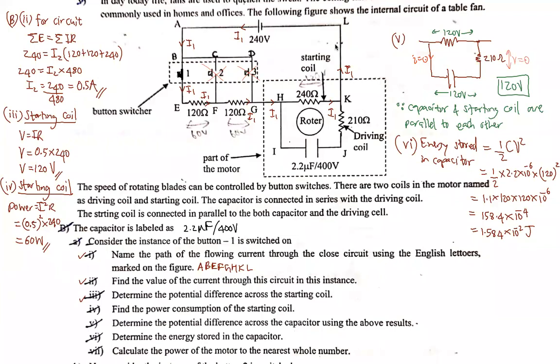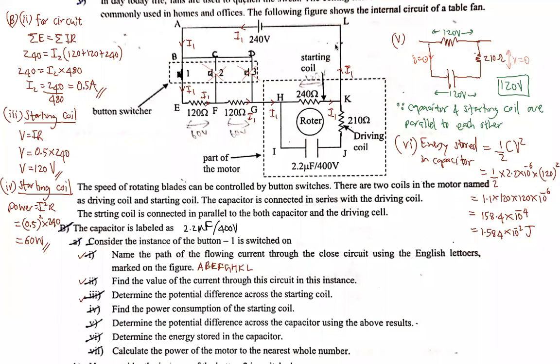A little confused right now. For time, is the problem. Power of the motor to the nearest whole number. Power dissipation in the starter coil we have found, no? Power consumption of the starter coil we found, 660 watt.